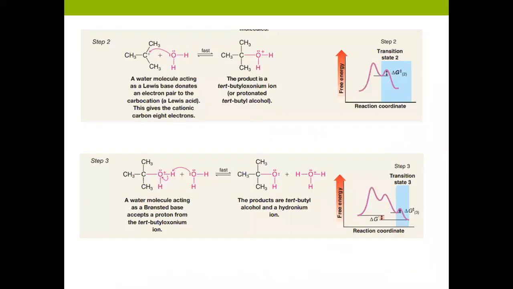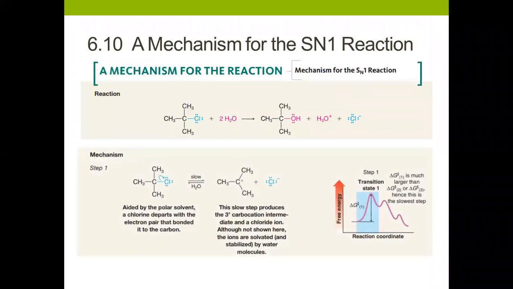Figure 6.10. Here you will see the transition state, whichever transition state would be close to the product.